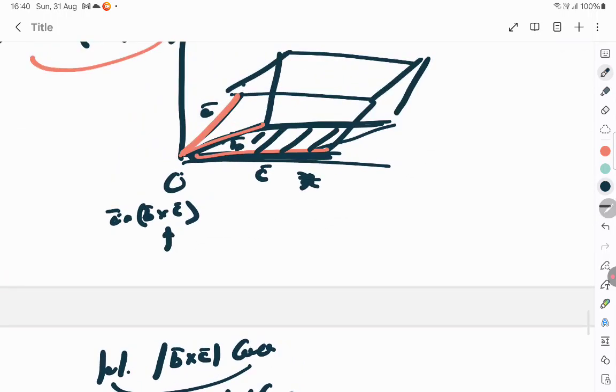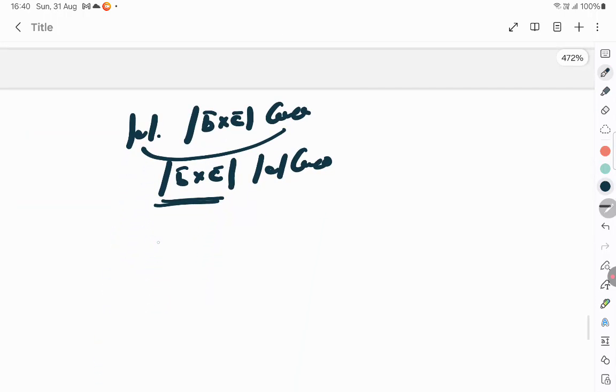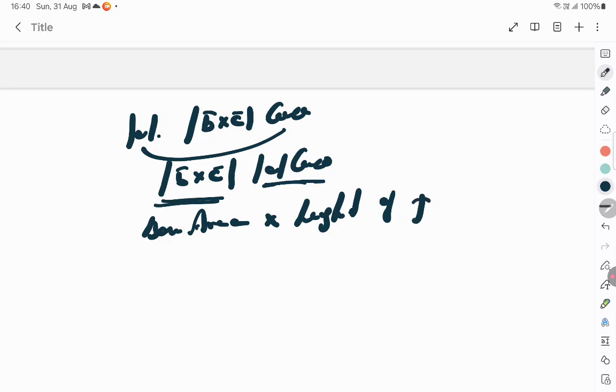This is the area of the parallelogram, which itself is the base area, into A cos theta, which is the height of the parallelepiped. Okay, so then it's base area into height.